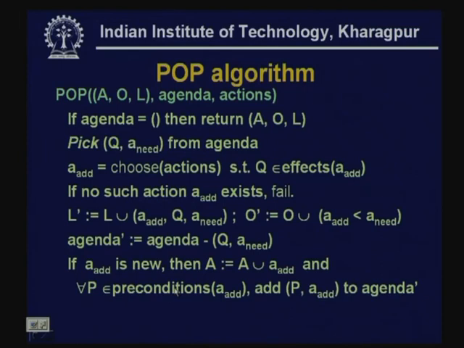Now, in the next class, since today we do not have much time, we will cover the partial order planning algorithm in greater detail, but the basic idea is that we start with an initial empty plan which has only the initial action and the last action and no other commitment. Then we try to insert other actions so that goals are achieved.